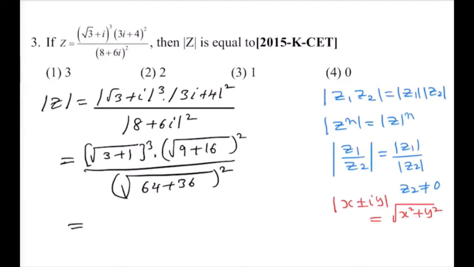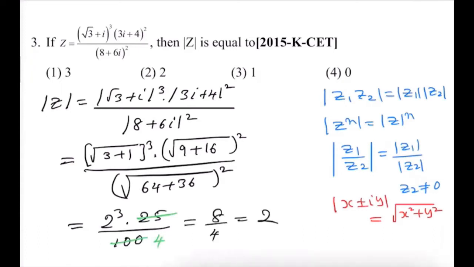That gives us root of 3 plus 1 is root 4, that is 2 cube into 25 upon 100. Now 8 upon 4, that is 2. So the answer is second option, 2.